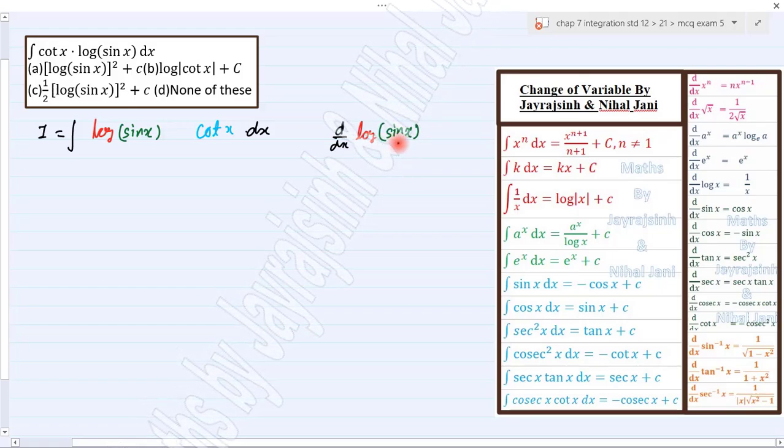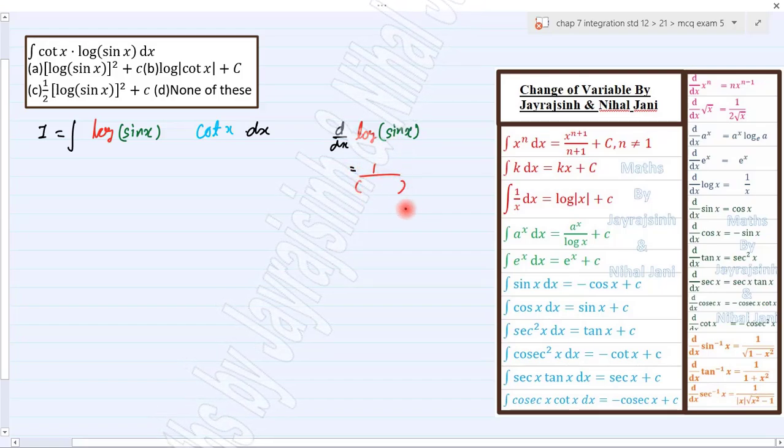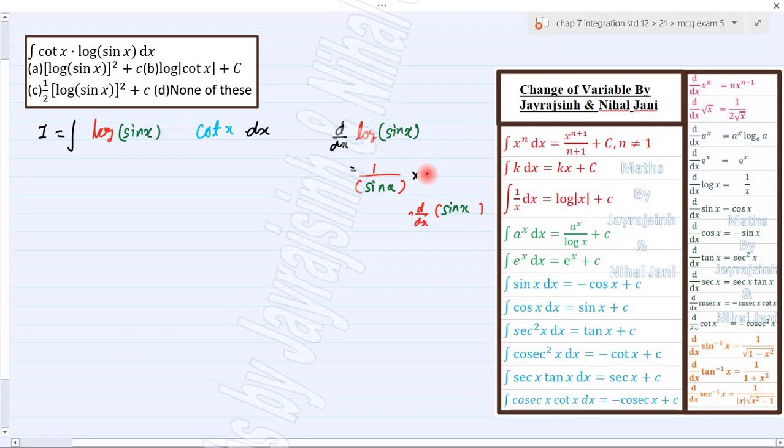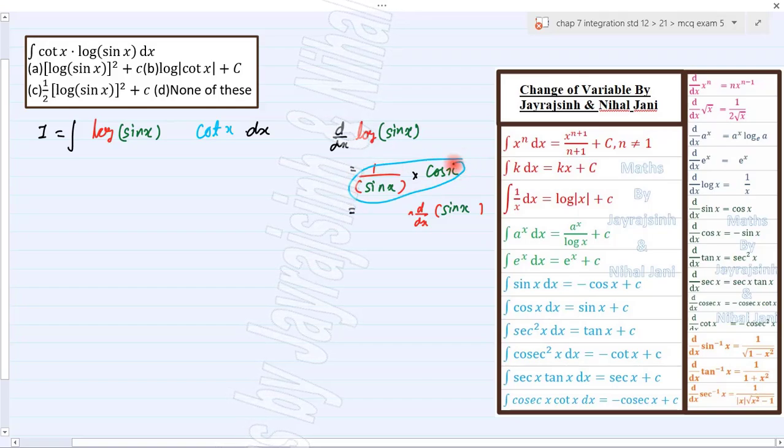So differentiation of log box is simply 1 upon box into d by dx of box. Within the box, we have sin x, so we just have to multiply the differentiation of sin x, which is cos x. This cos x upon sin x will simply become cot x.